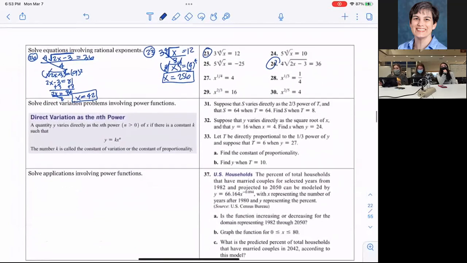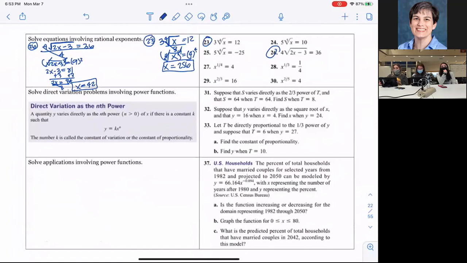All right. Any more questions? 29. So if we have time at the end, we can come back to number 29. If not, you can feel free to stop by the tutoring center.